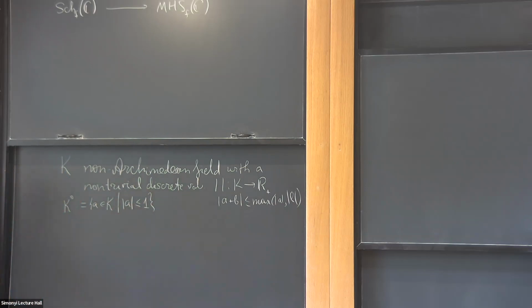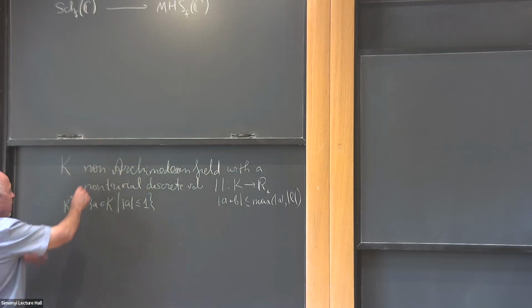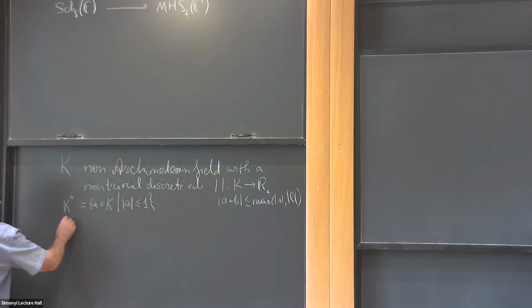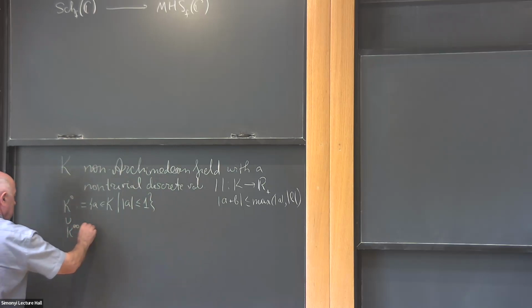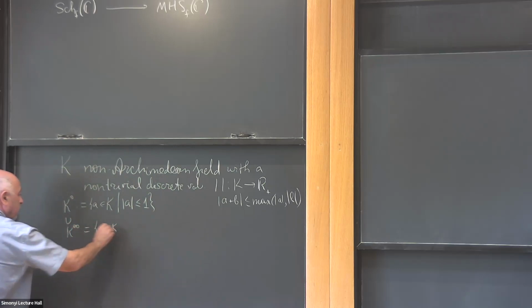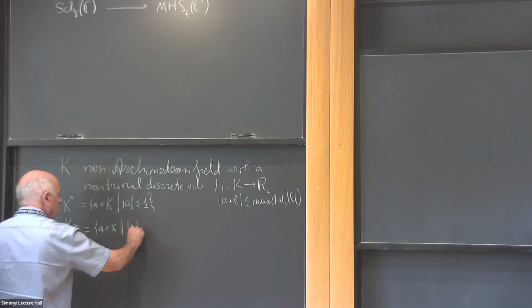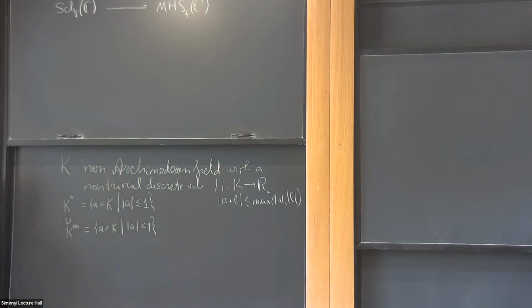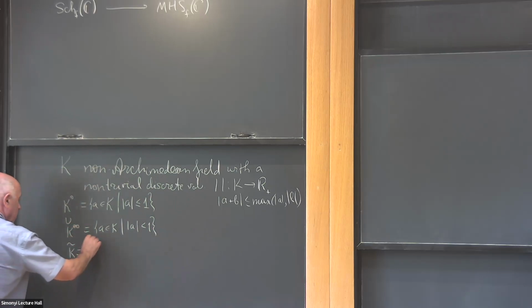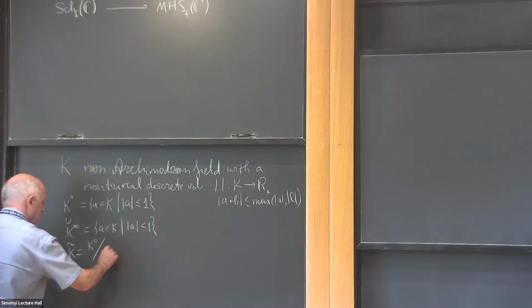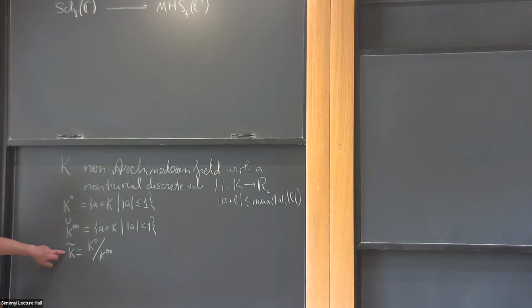It's in fact a local discrete valuation ring. Of course, we assume that K is complete with respect to this valuation, as the word non-Archimedean field assumes. The maximal ideal of this ring is denoted in such a way. It consists of elements whose norm is strictly less than 1, and the quotient of the ring of integers by the maximal ideal is denoted in this way, and it is the residue field of K.